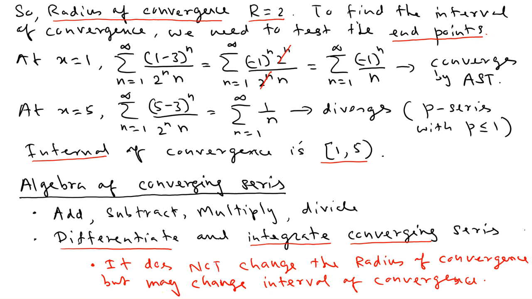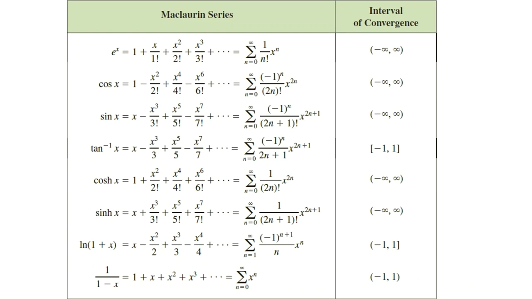So let's look at several common power series. These are some of the common Maclaurin series or power series that we use in most of the engineering and science studies. You may see some nice patterns here.